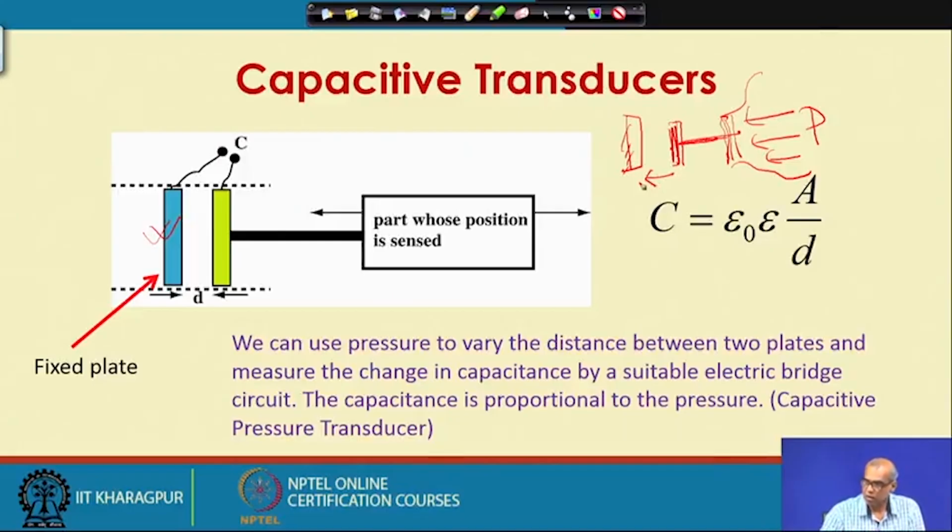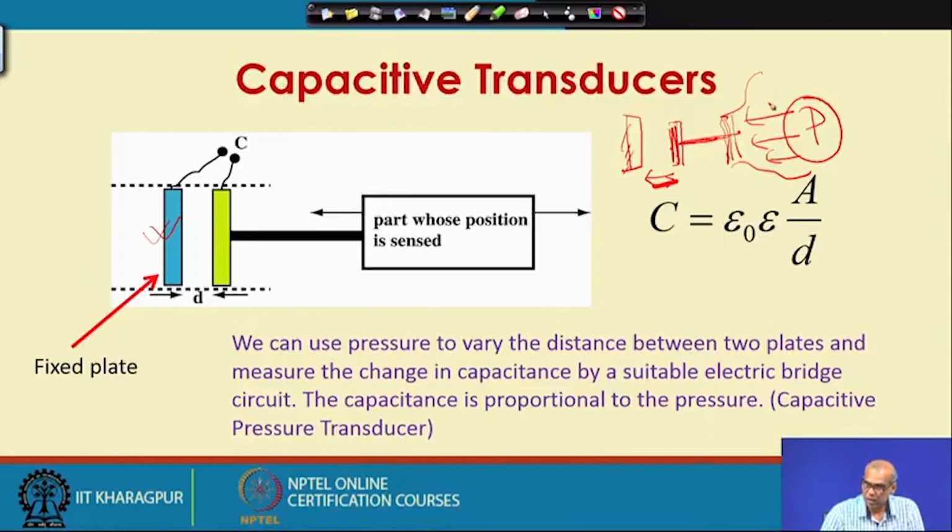In other words, when I apply higher pressure, this will come forward closer to the fixed plate. If I now decrease the pressure, it will go away from the fixed plate. In other words, by changing the pressure here, I can change the distance d between the fixed plate and the movable plate.